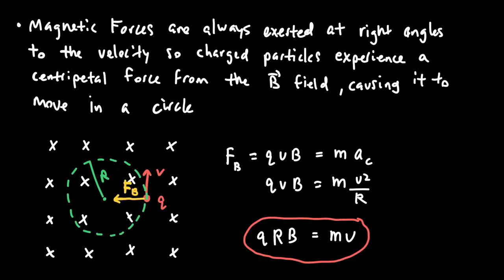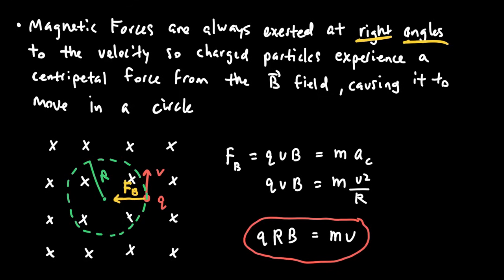So we just looked at the case of a static charged particle in a magnetic field, but now I'd like to talk a little bit about the motion that a charged particle would have experiencing that magnetic force. What we've learned is that those magnetic forces are always exerted at right angles to the velocity.